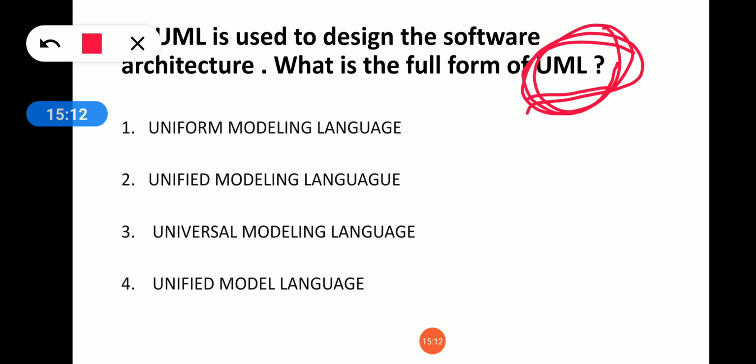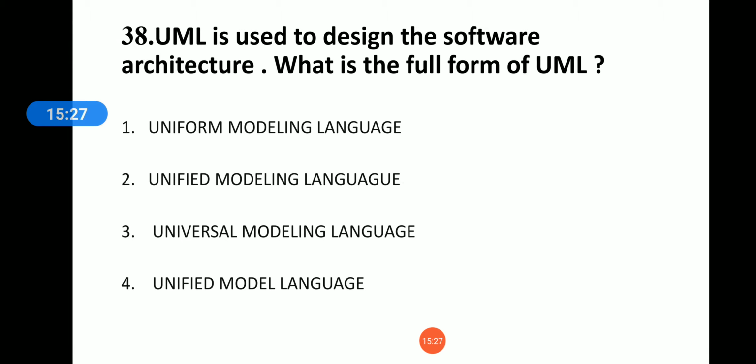UML is Unified Modeling Language. It is the correct answer. It is not an important concept for general purposes, but you can get a question from this also. So let's look at the answer.